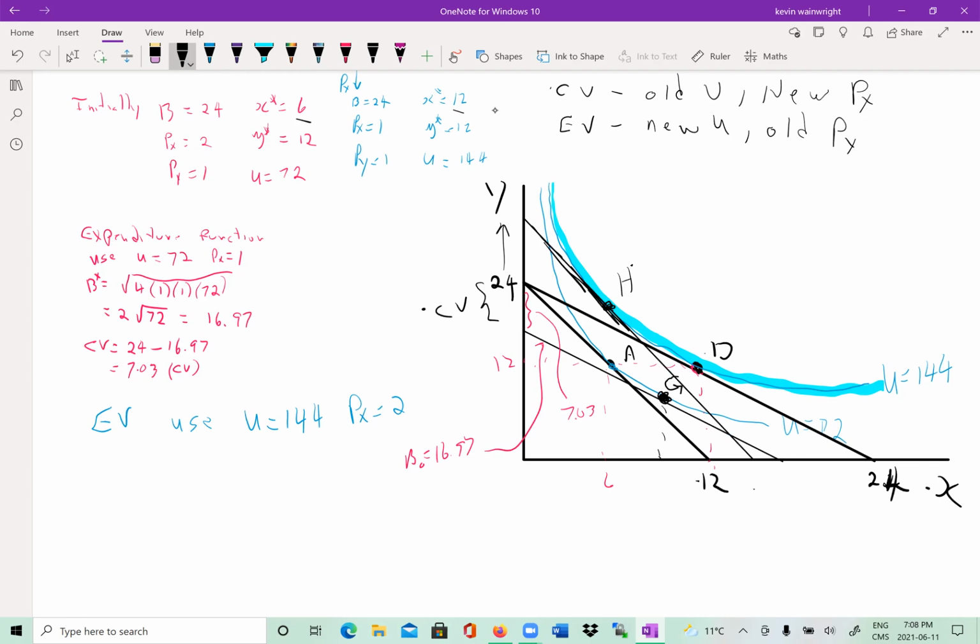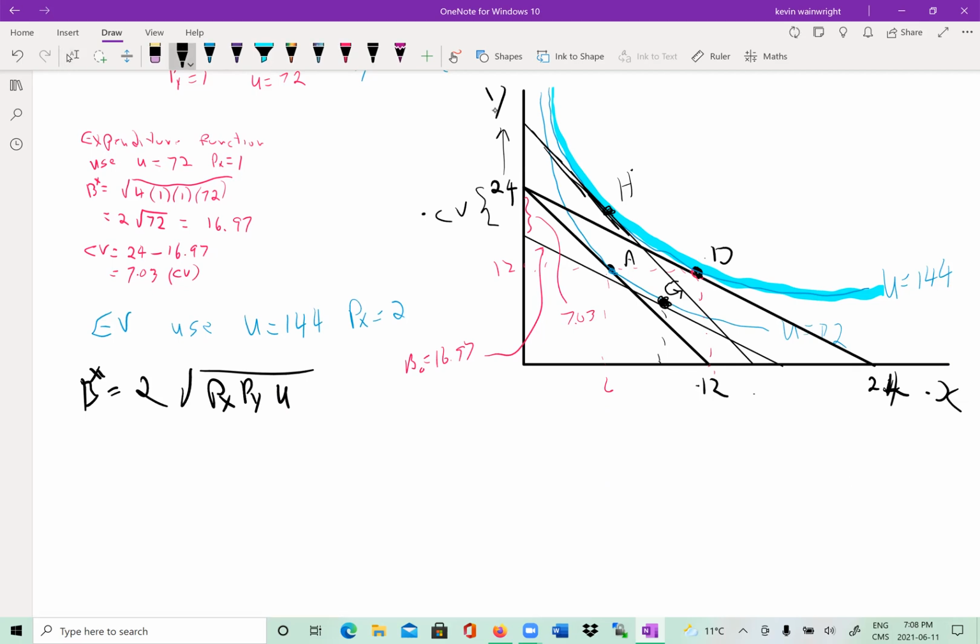So how much budget do I need to get to point H? So I know that the budget B star is 2 times the square root of PX, PY, and U. So now I just need to substitute in, and I put in 2 times the square root of 2 times 1 times 144, right?